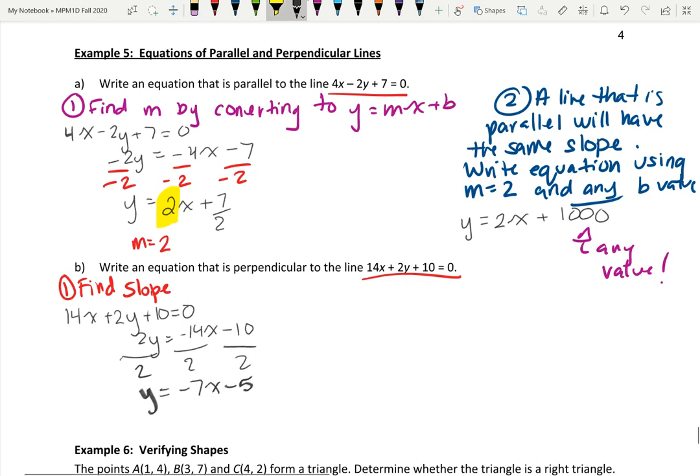Okay, so the slope of the first line is -7. So that means that the slope of the perpendicular line would be 1/7.